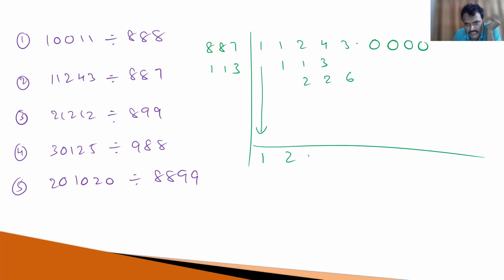Once you reach the decimal, just put a decimal here. Now, what is the sum? This is equal to 5. 5 into 1, 5. 5 into 1, 5. 5 into 3, 15. What is the answer? 4 plus 3, 7. 7 plus 2, 9. 9 plus 5, 14. 4 is here and 1 is here. So what is the answer? 12.64 is the answer.